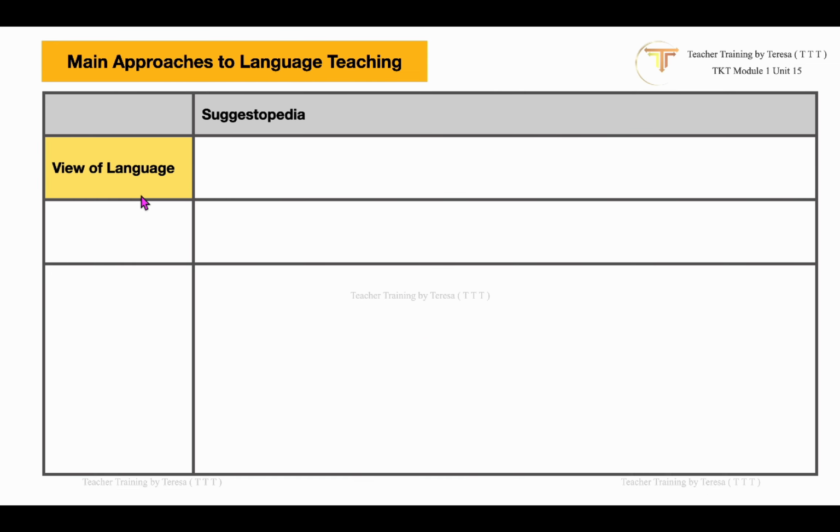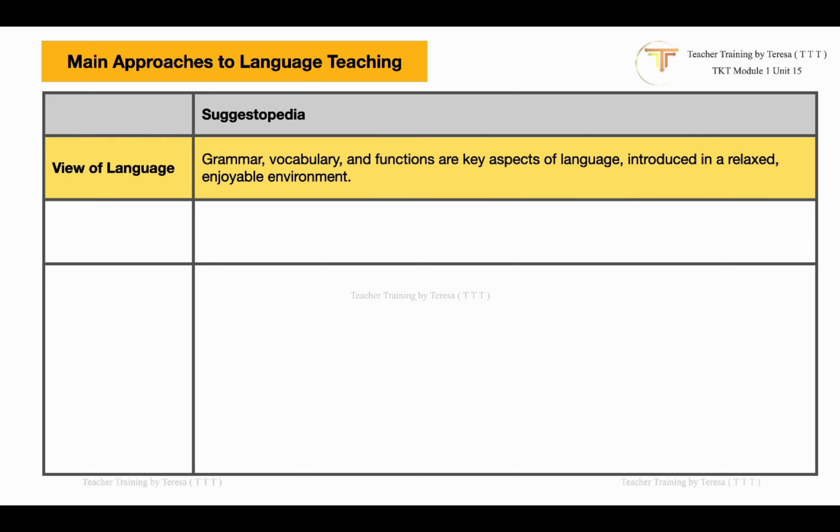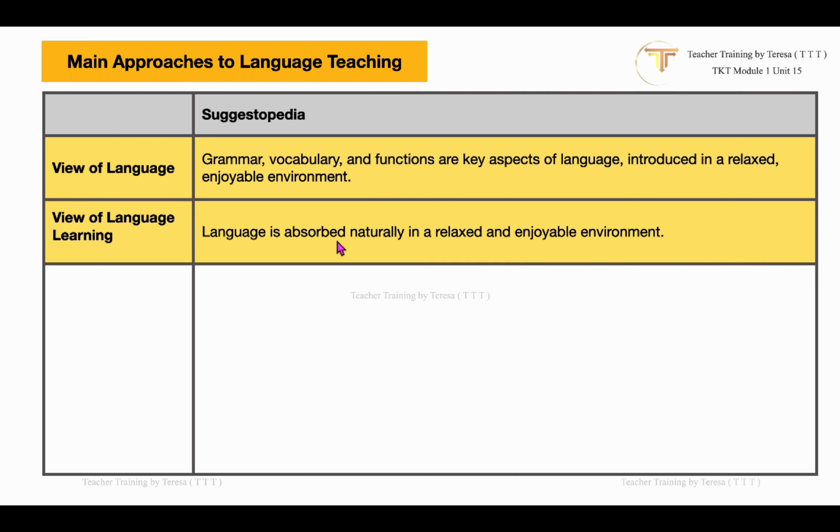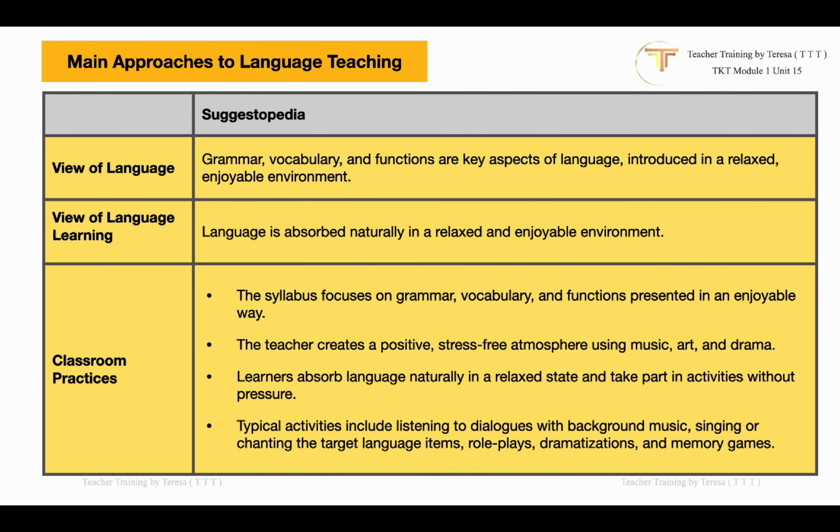Suggestopedia. View of language: grammar, vocabulary, and functions are key aspects of language, introduced in a relaxed, enjoyable environment. View of language learning: language is absorbed naturally in a relaxed and enjoyable environment. Classroom practices.